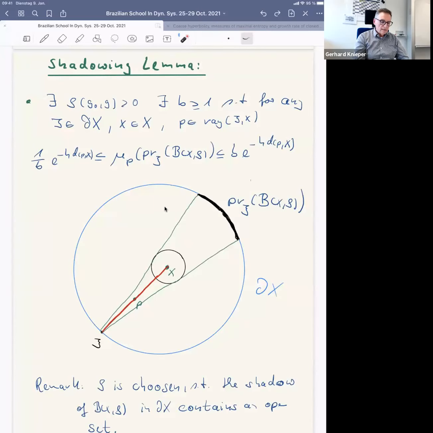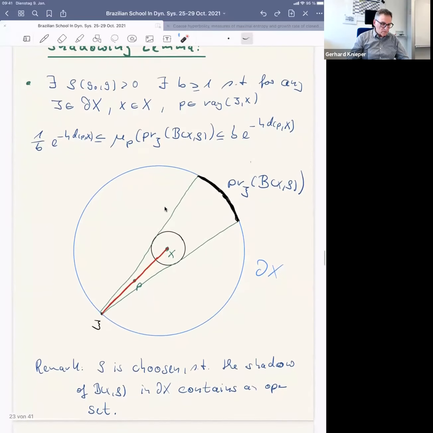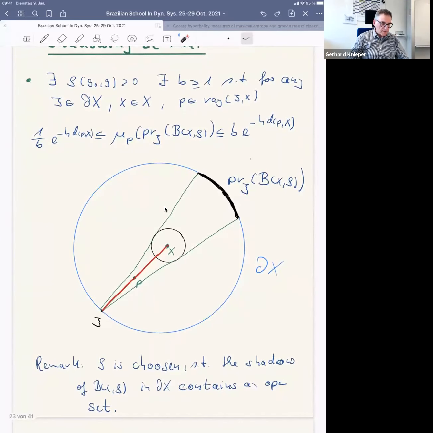And I should also mention that you need to require some conditions on rho, because it might be that the radius of this ball is too small and the shadow is just one point. That happens if this family of geodesics stays in a small neighborhood, and then you get just a point, and then it's certainly not true.